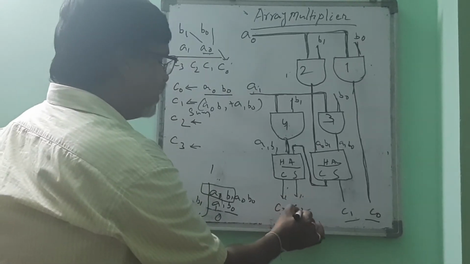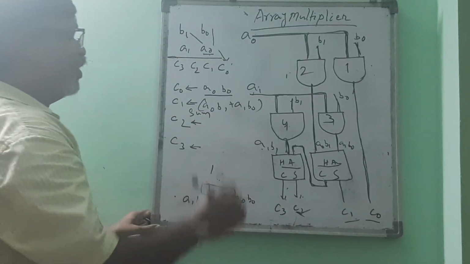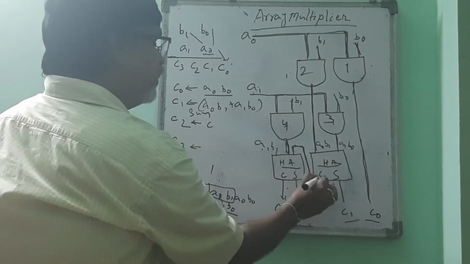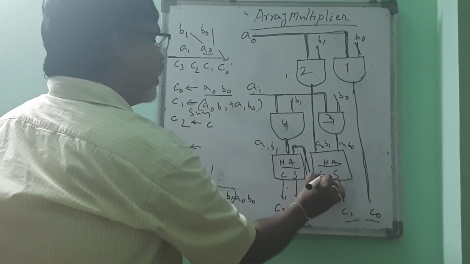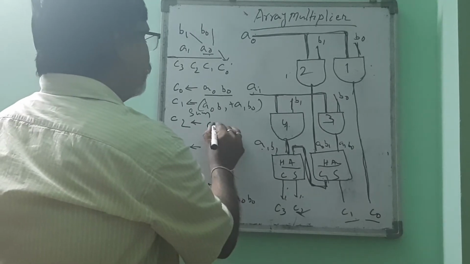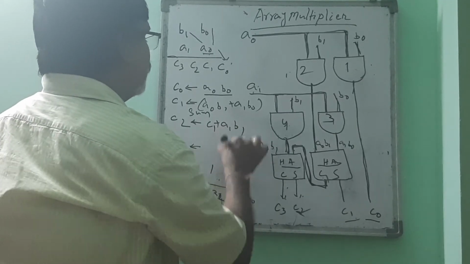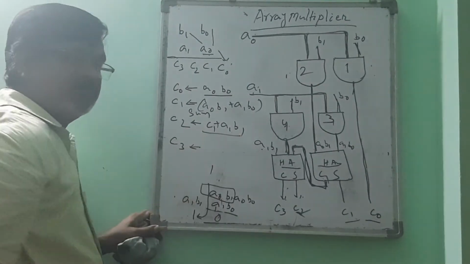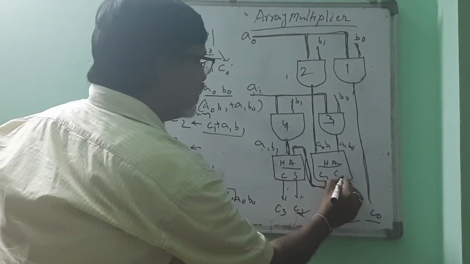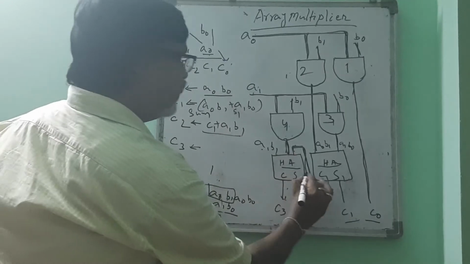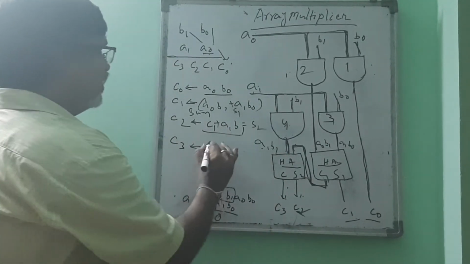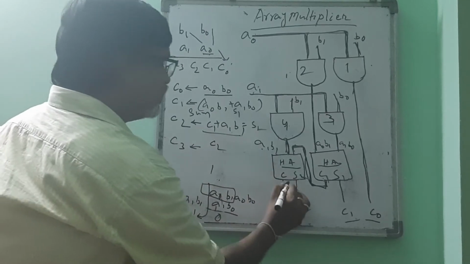The sum is nothing but C2. So the sum is the previous carry plus A1 B1. Assume this produces S2 as sum and C3 as carry.